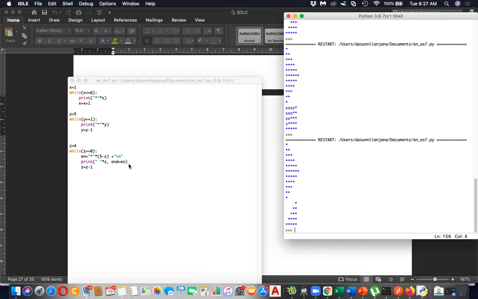The end I'm changing. Starting with 5 spaces, 4 spaces, 3 spaces, 2 spaces, 1 space, and 0 spaces, and ending with 1 star, 2 stars, 3 stars, 4 stars, and 5 stars. Starting and ending both I had to calculate and give.